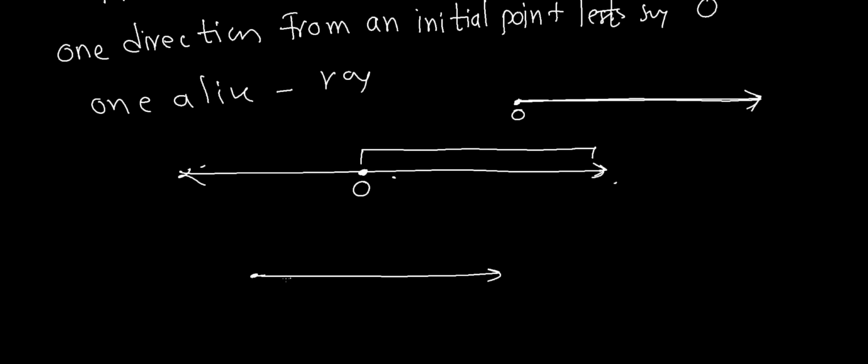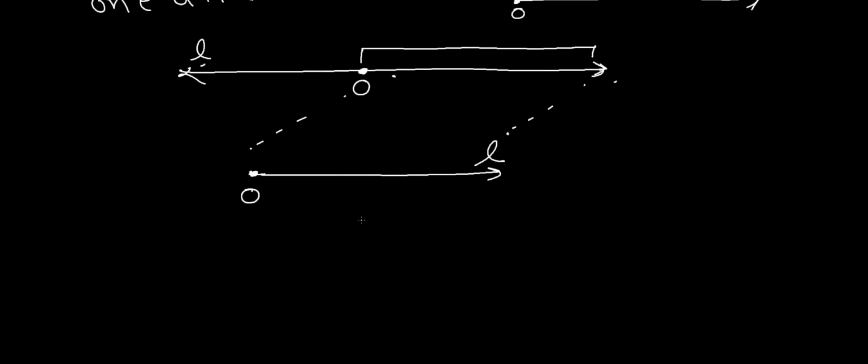This is a line L, and we just draw the part of the line which acts as a ray, and its initial point is O. Let's say a point A lies on that part of the line.